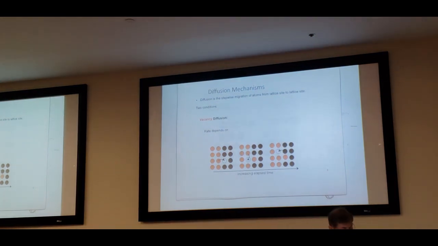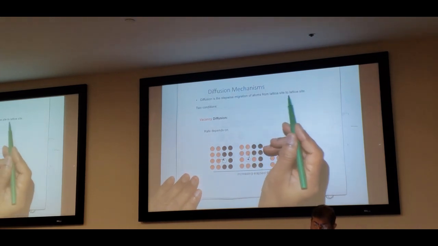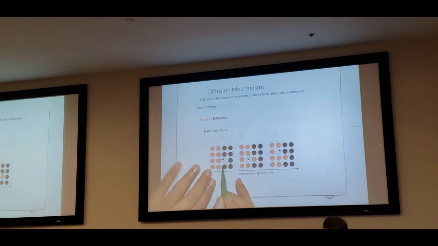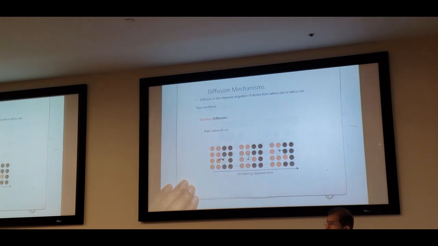What are the different types of diffusion? It is a stepwise migration of atoms from lattice site to lattice site. Vacancy diffusion is something like this. If there is a vacancy here in element B, this atom can move from this point to this point.